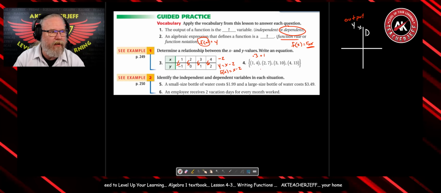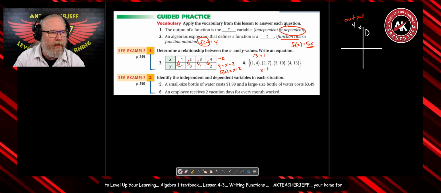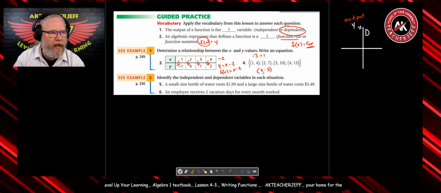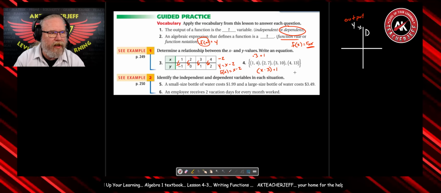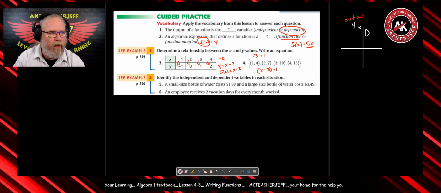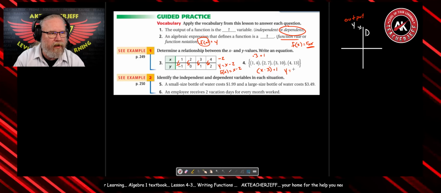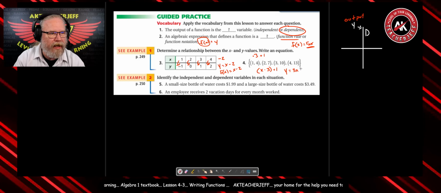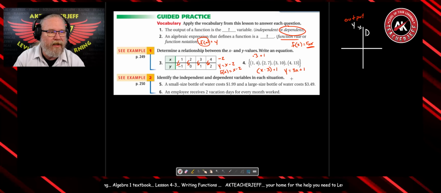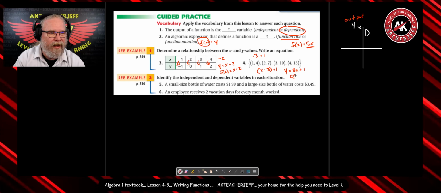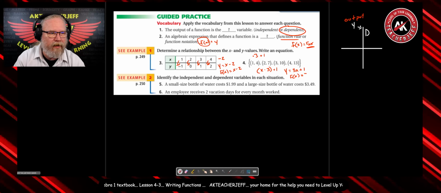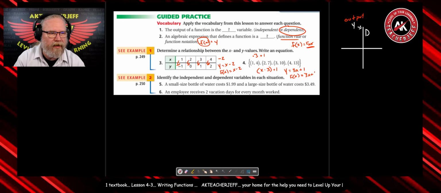So it says take whatever our x value is, multiply that times 3, and then add 1 to it. So the y values are equal to 3 times x plus 1, or better yet, f of x is equal to 3x plus 1.